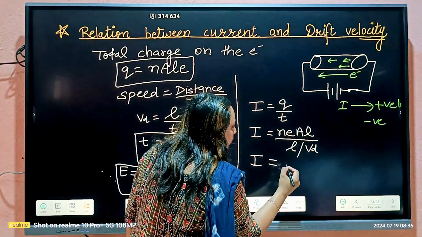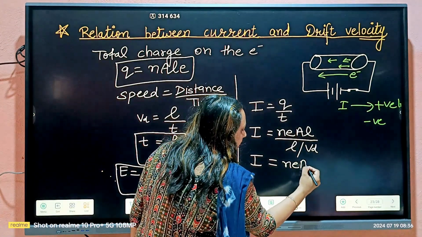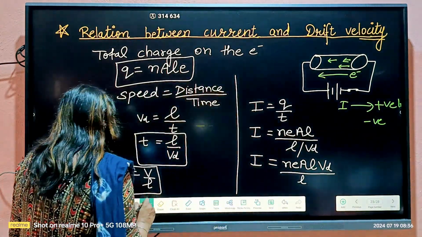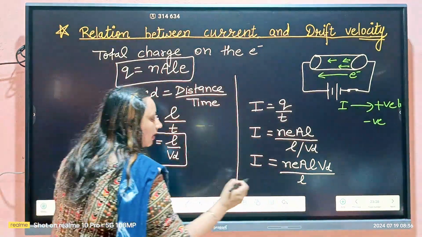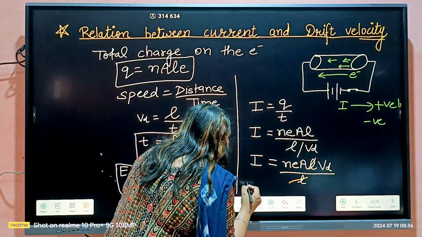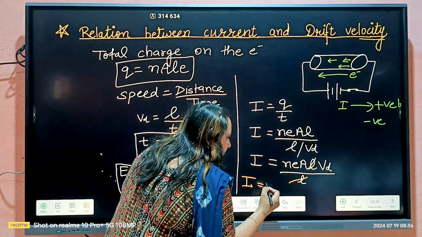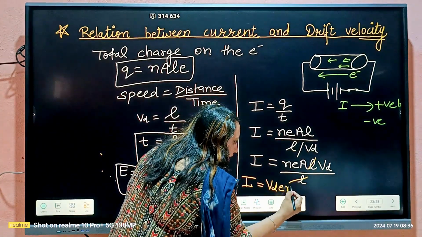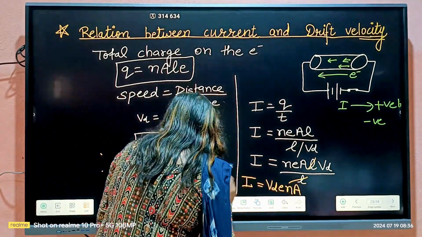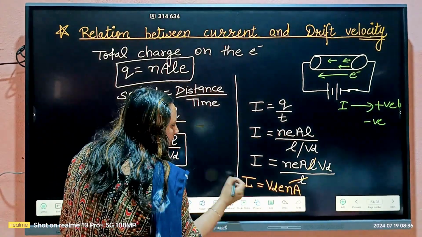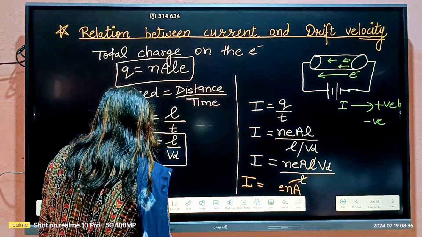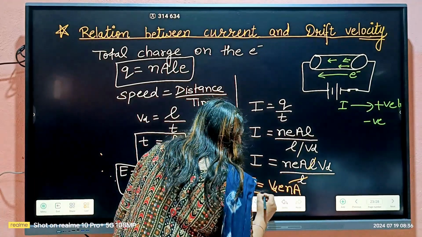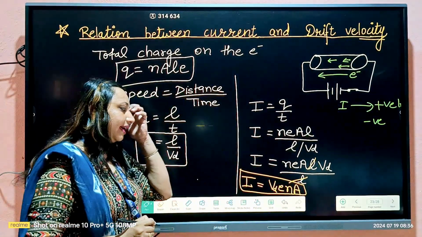I is equal to nALe Vd over L. We cancel out L with L. Then I is equal to nAe Vd, where d is a subscript. So this is the relation between current and the drift velocity.